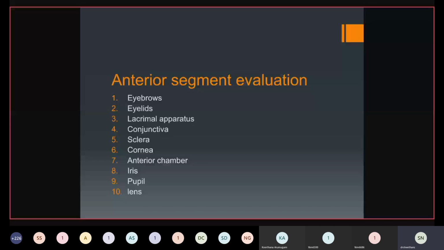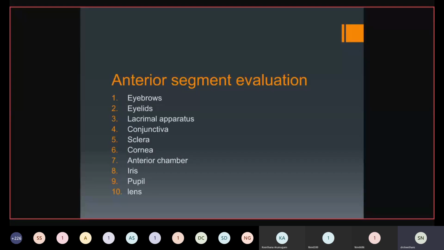Then examine the cornea, see if there's any defect on the surface. The most important thing is we assess the endothelium also, because endothelium has its endothelial cells, and the normal endothelial cell count is 2000 to 2500 cells per square millimeter. And after any intraocular surgery, we can expect some endothelial cell loss.